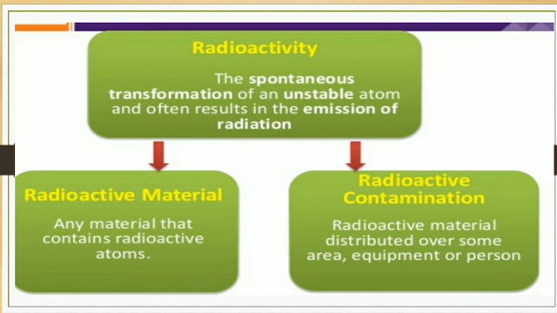First one, radioactive material. There are two types of radioactivity: natural radioactivity and artificial radioactivity. I'll tell you later what artificial and natural radioactive materials are.